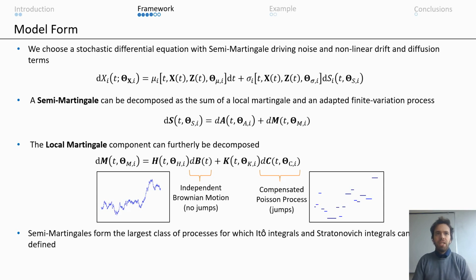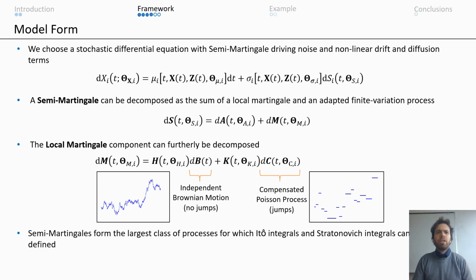A semi-martingale is a particular type of driving noise which can be decomposed as the sum of a local martingale and an adapted finite variation process. The local martingale component in particular can be further decomposed into two components, a Brownian motion component and a compensated Poisson process component.